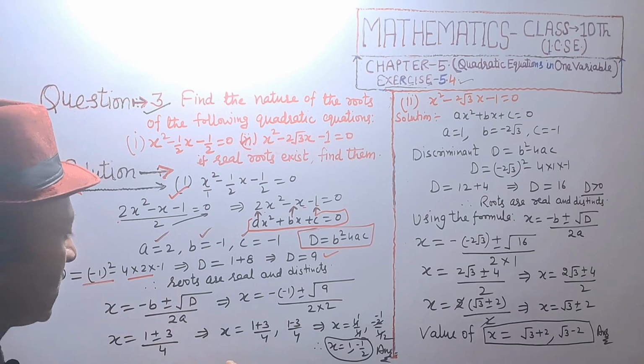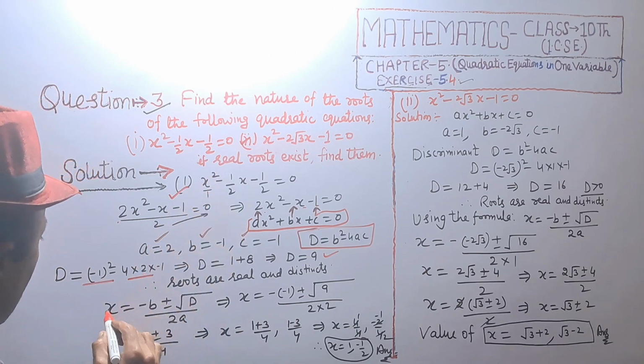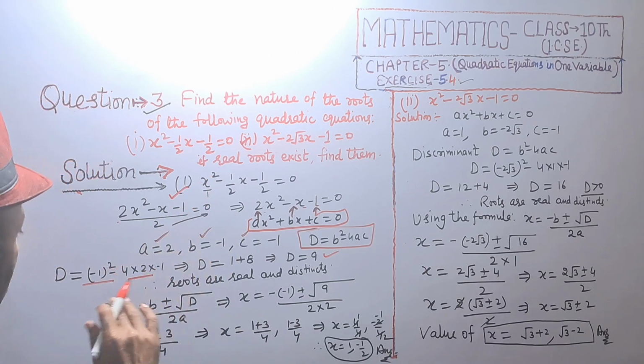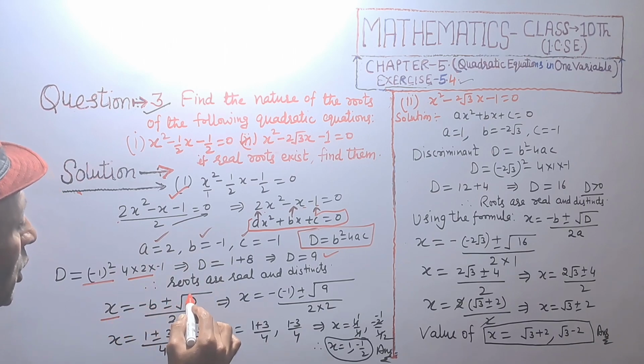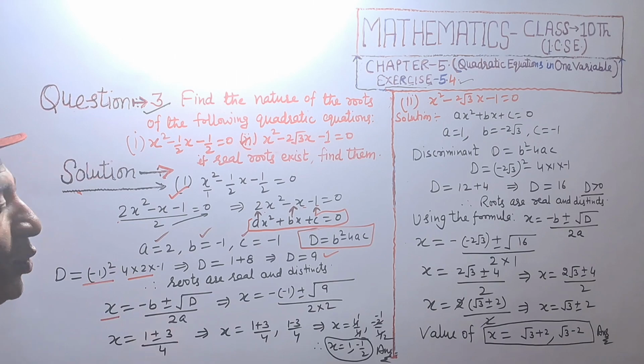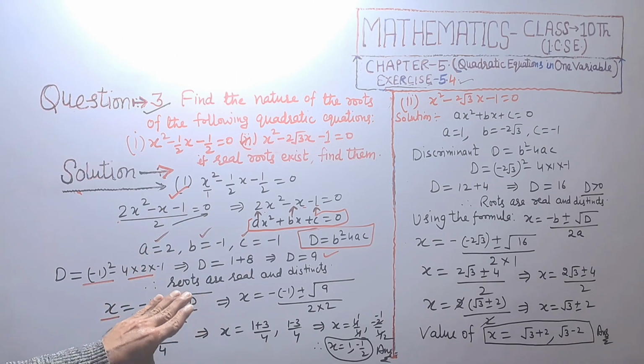Roots are real and distinct, and we find the roots of x, that is (-b ± root D) upon 2a. Using the discriminant formula, x is equal to (-b ± root D) upon 2a.